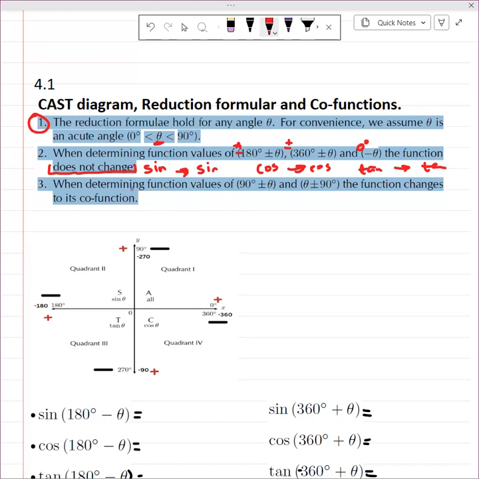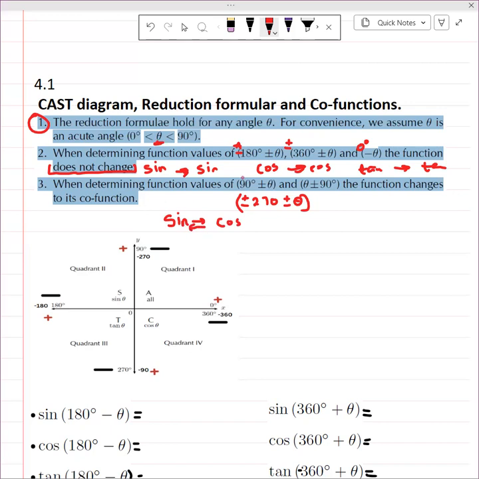And then if your angle is plus minus 90, and plus minus 270, plus minus theta, your sine is going to change to its co-function. So the sine will become a cos, and then a cos will become a sine.